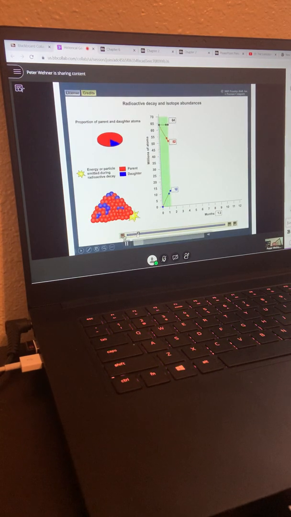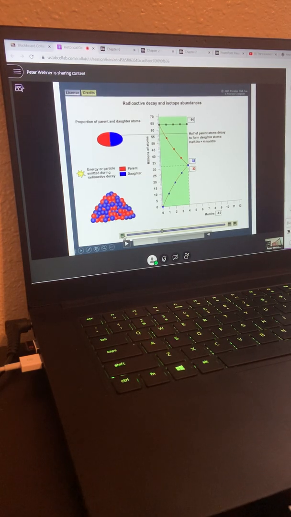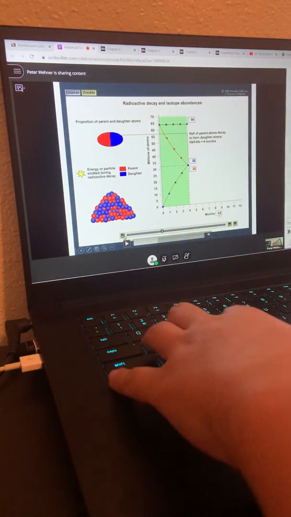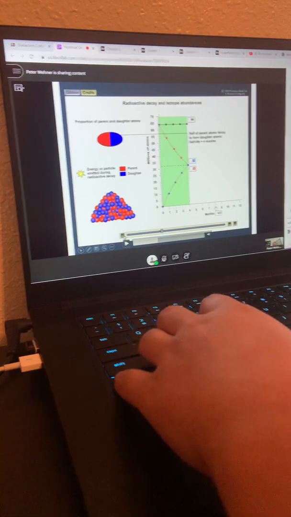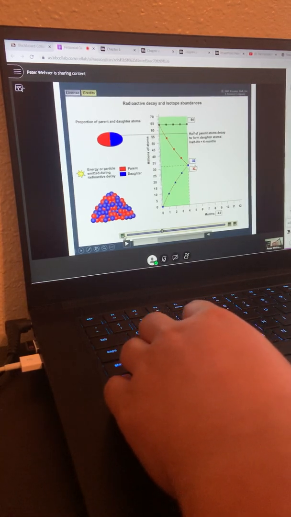All right, so it took 4 months for 64 parents to become 32, thus creating 32 daughters. If 4 months is the half-life, that means in 8 months, how many parents should remain?